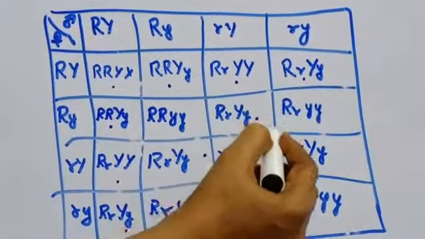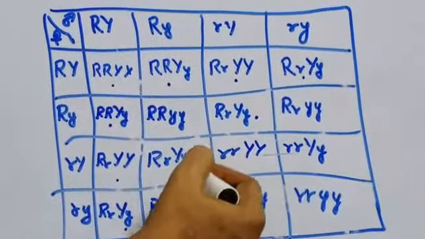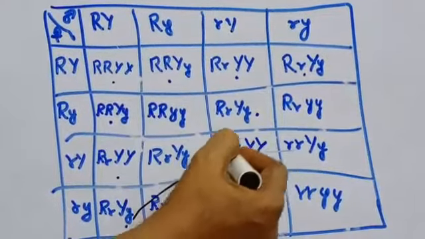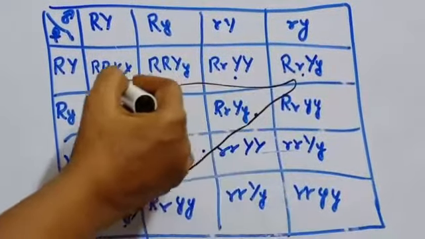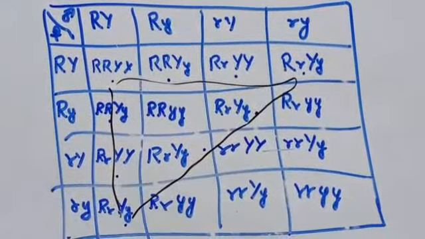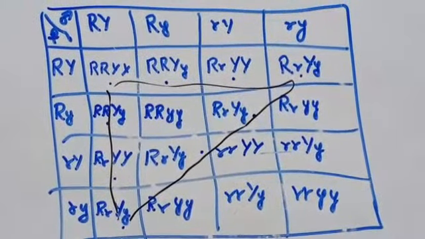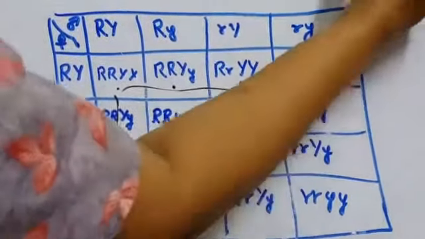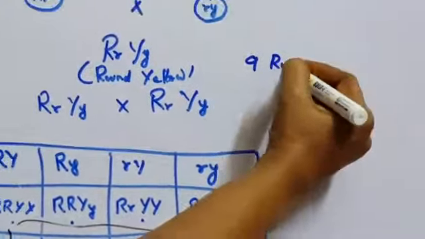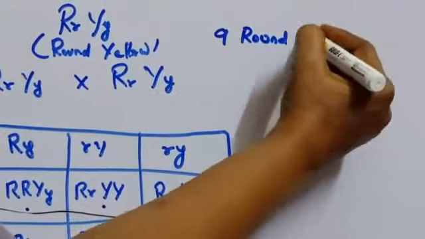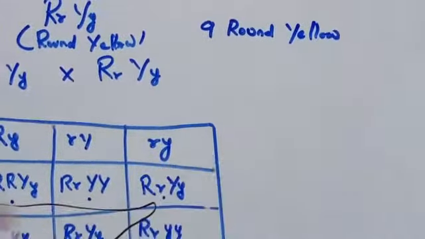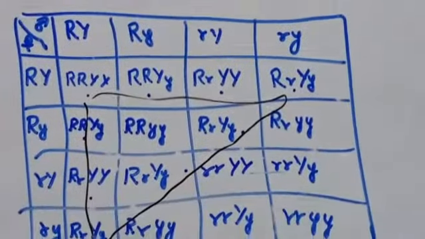So how many round yellow? Totally 9 round yellow. The next one is round green.